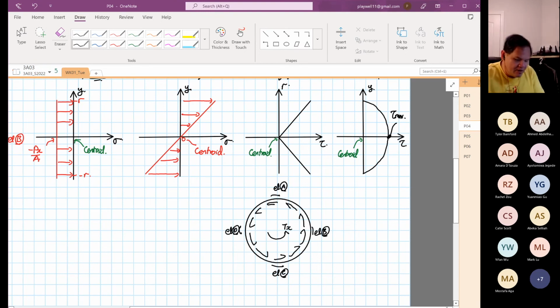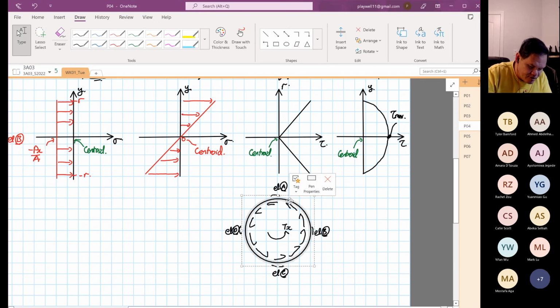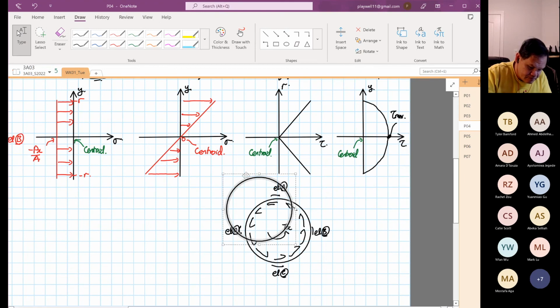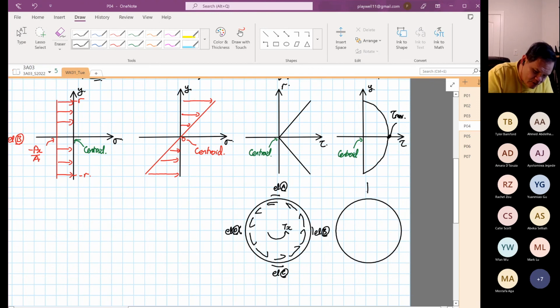Now, in terms of your shear force, I'm going to copy this circle. We know that this is equal to your Vy.